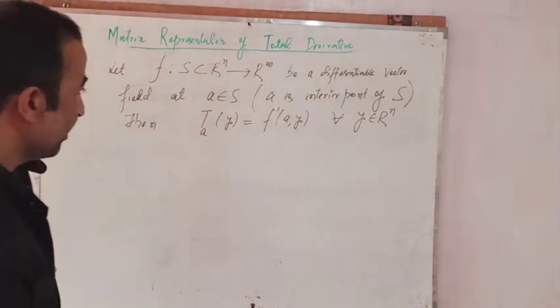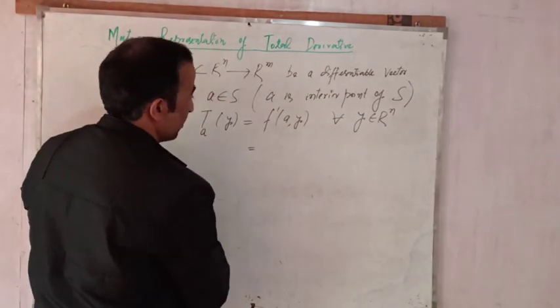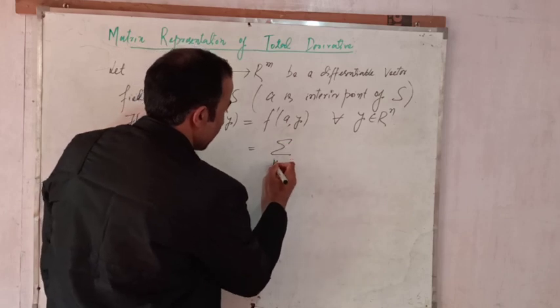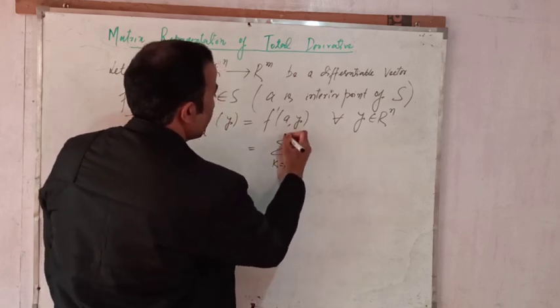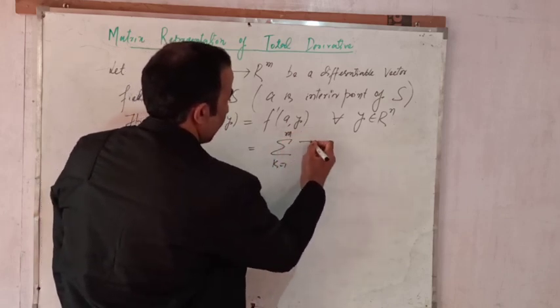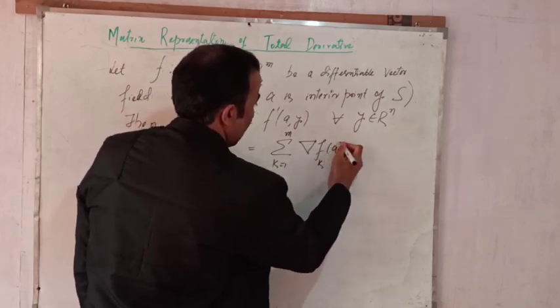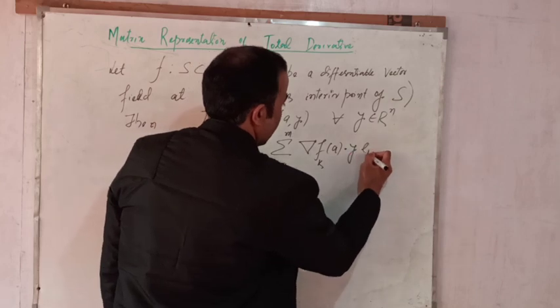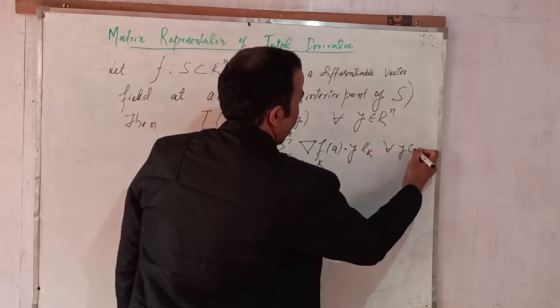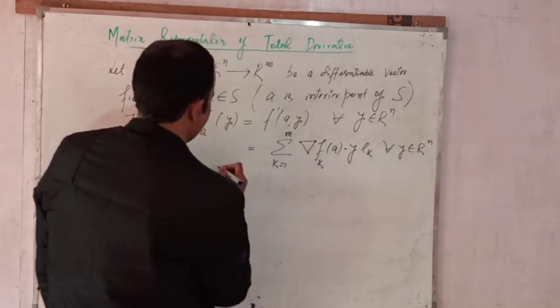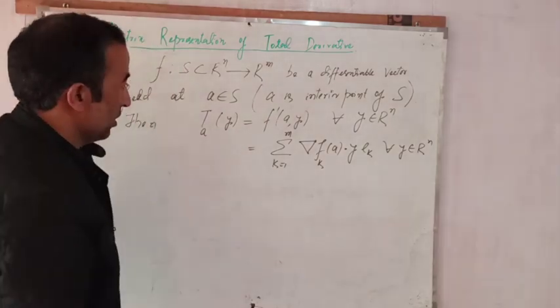We have already seen that this is also equal to the summation k from 1 to m of gradient of f_k(A) dot y into e_k for every y in R^n. So this is our total derivative.